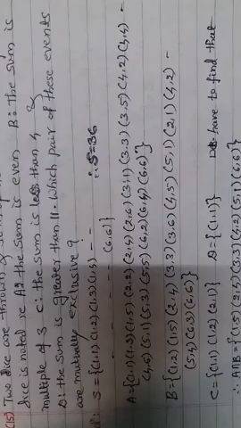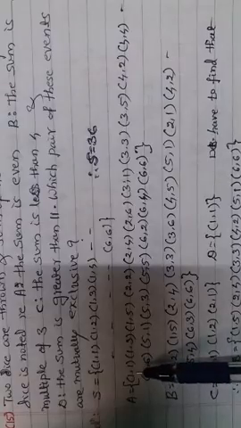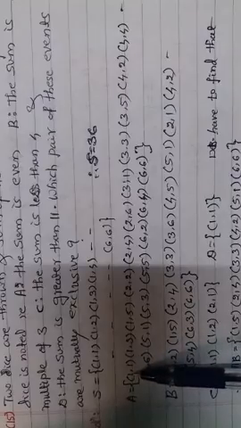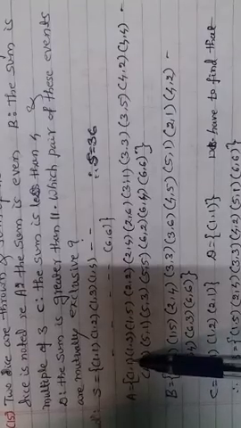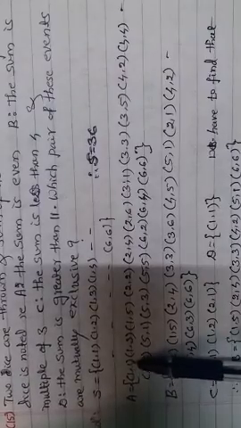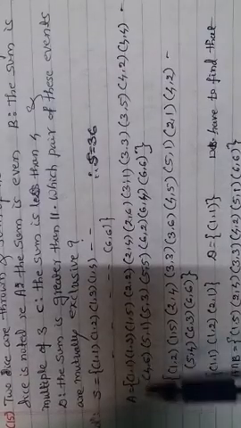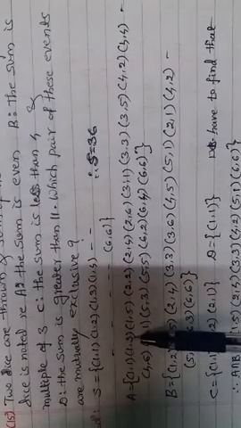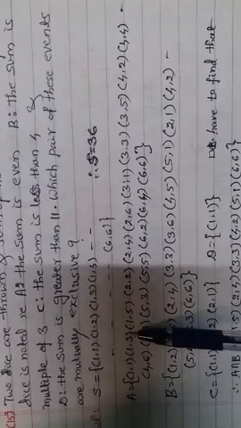According to the given statement A, the sum is an even number. So when throwing both dice, their sum should be an even number. First die shows 1, second die shows 1, so the sum is 2, which is even. Here, first die 1, second die 3: 1 plus 3 gives 4.